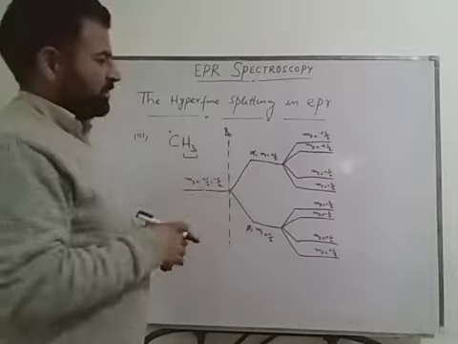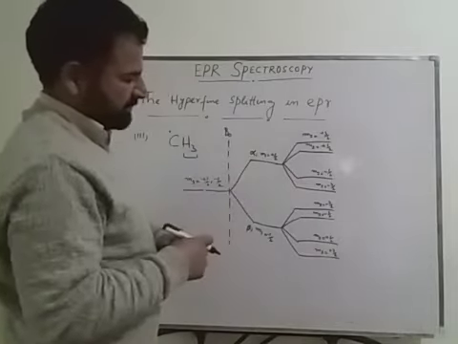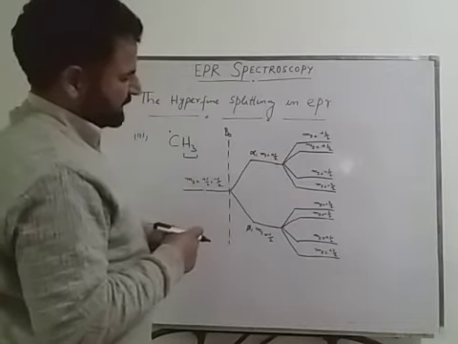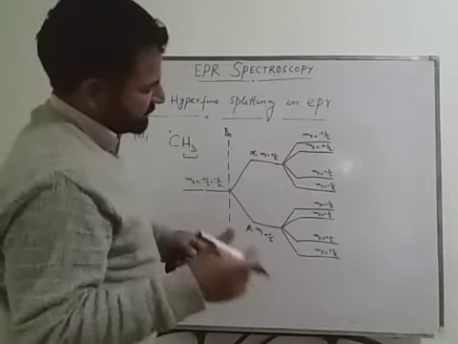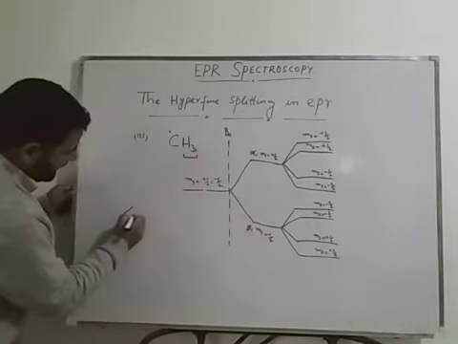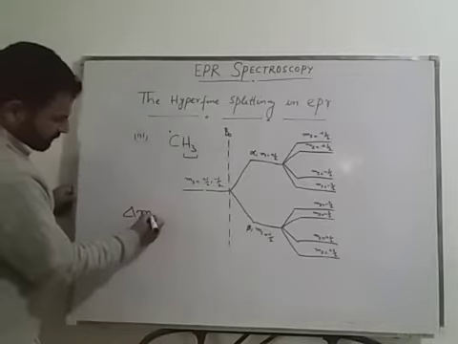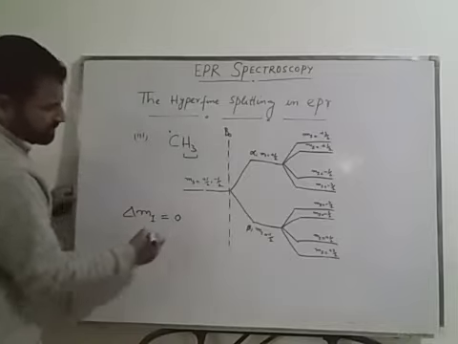In this case, how many transitions are possible actually? According to the selection rule, delta mI should be equal to 0.